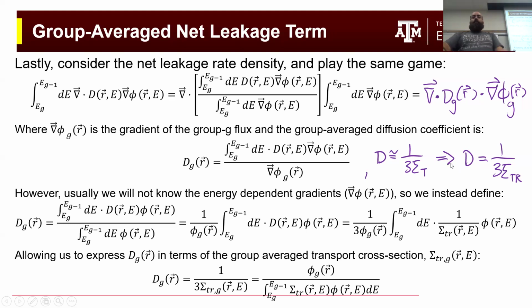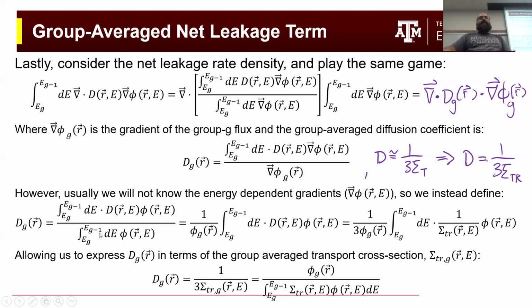And so what we're showing here is that sometimes, if we're trying to do a problem, we might not know in advance what the gradient of the flux is. So we can also redefine that group G diffusion coefficient.